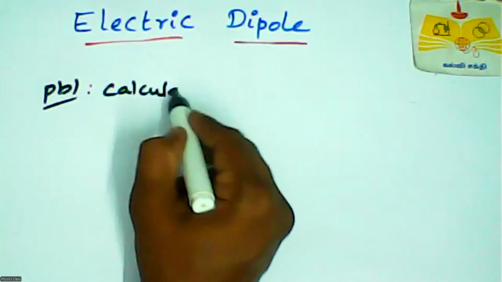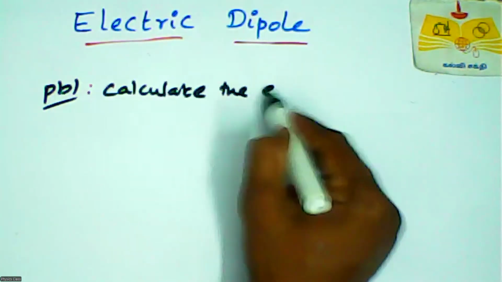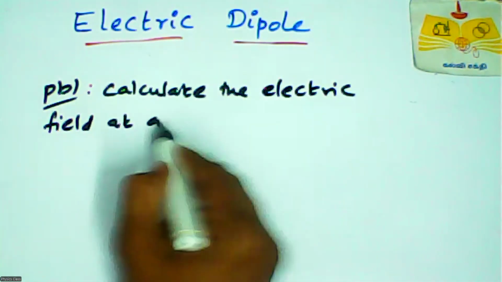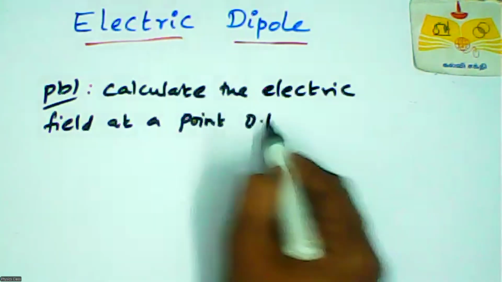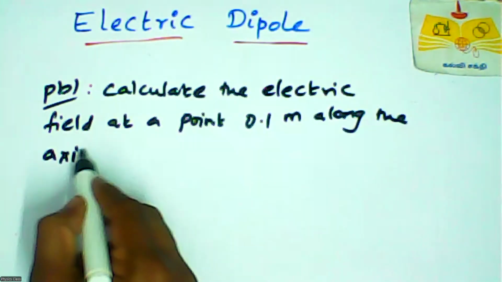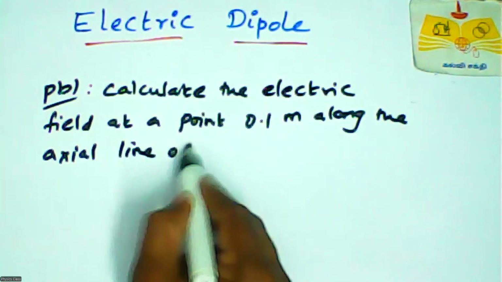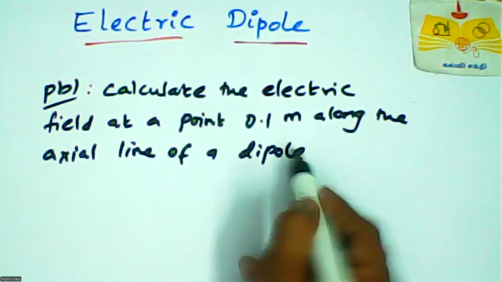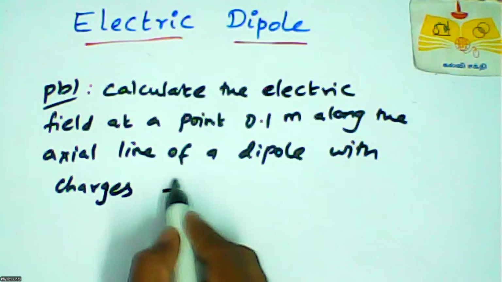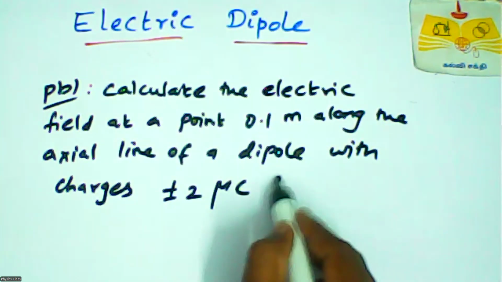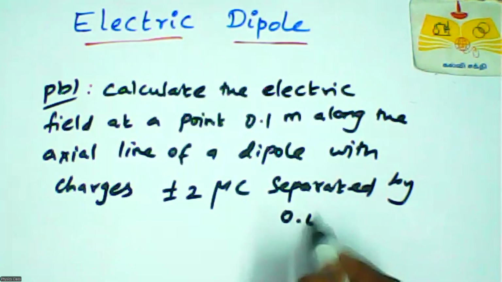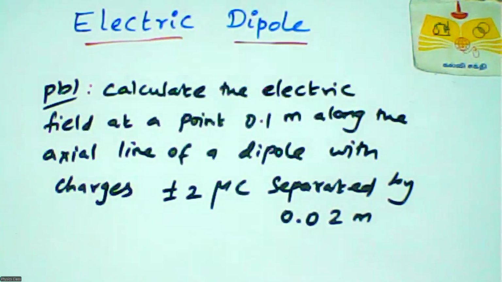Calculate the electric field at a point 0.1 meter along the axial line of a dipole with charges plus or minus 2 microcoulomb separated by 0.02 meter.